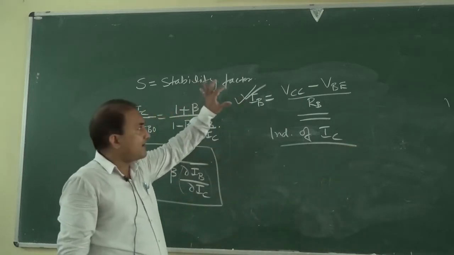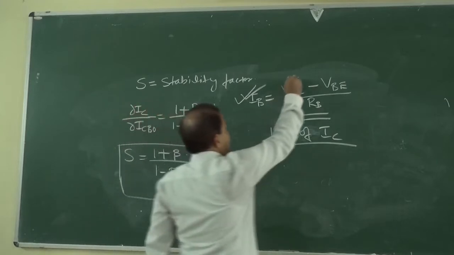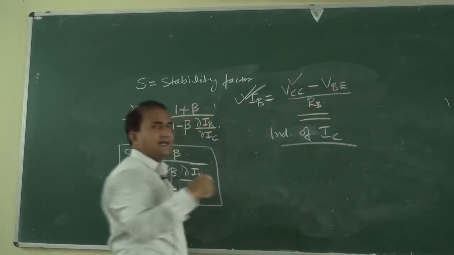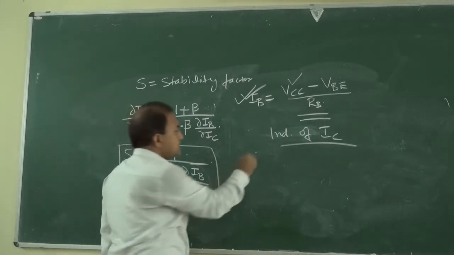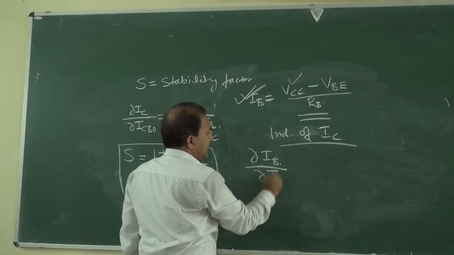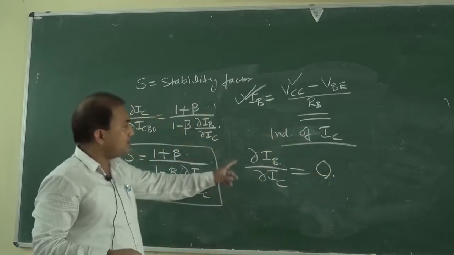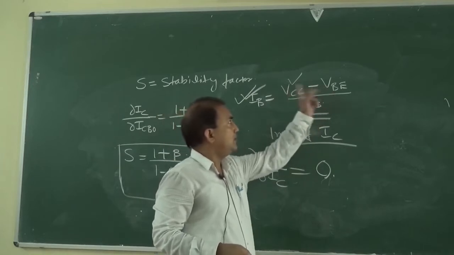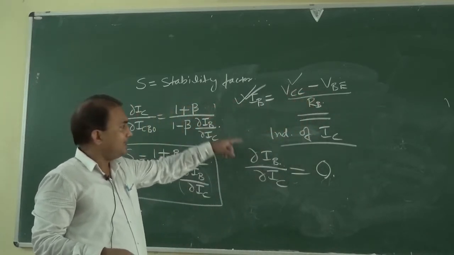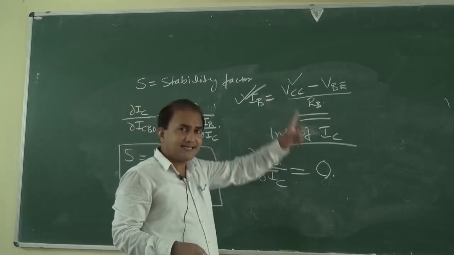In this expression VCC is fixed, VBE is fixed and RB is fixed. So it is independent of IC, and del IB divided by del IC is equal to 0 because all are fixed here.